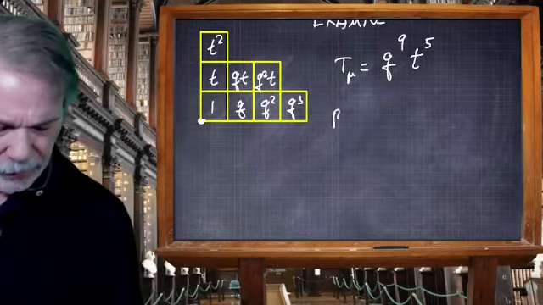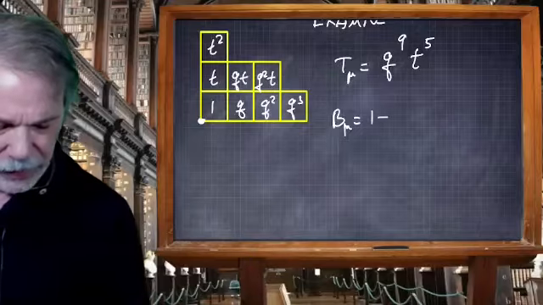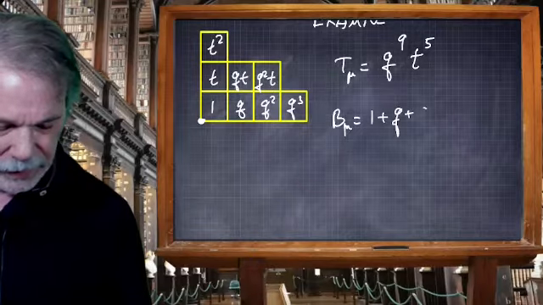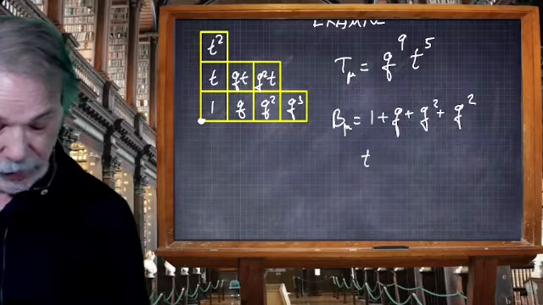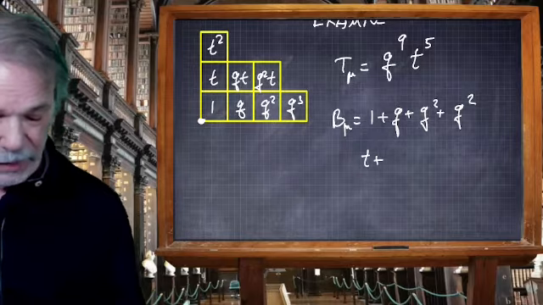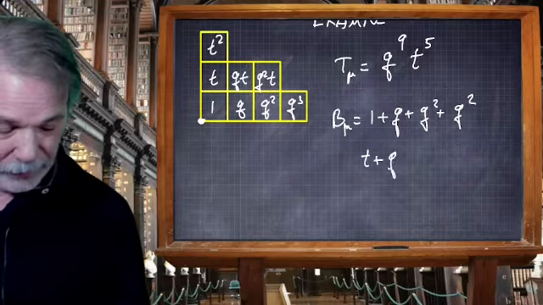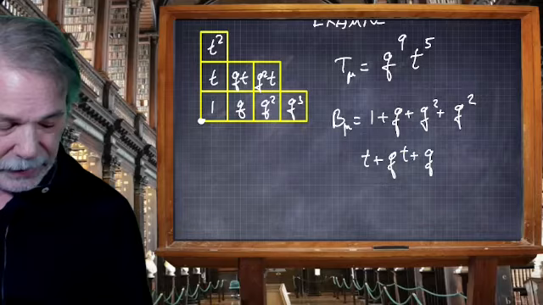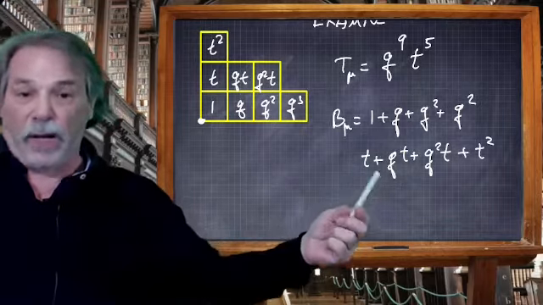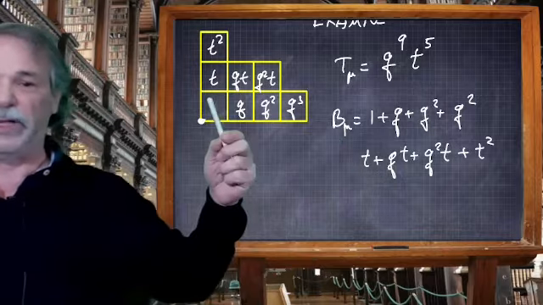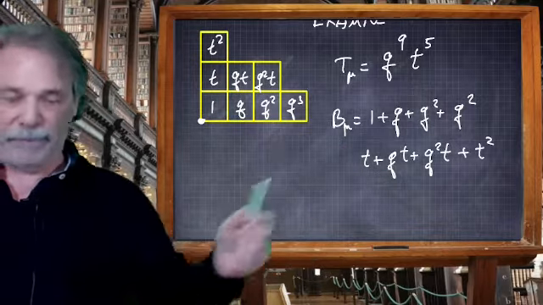And B mu, for sure, is just the sum of these guys. By the way, it's clear that if you see B mu, you know exactly which partition you're talking about, because each monomial here occurs once, and there's a monomial for each cell bijectively.